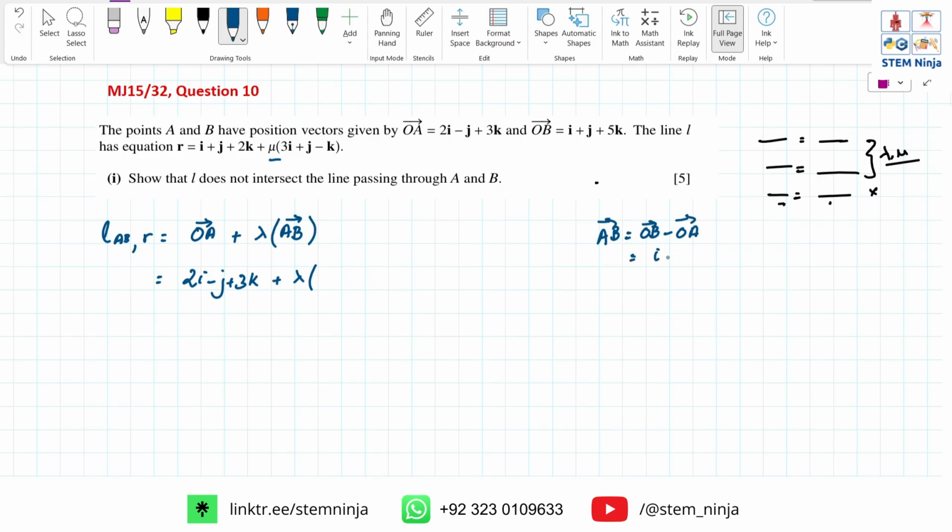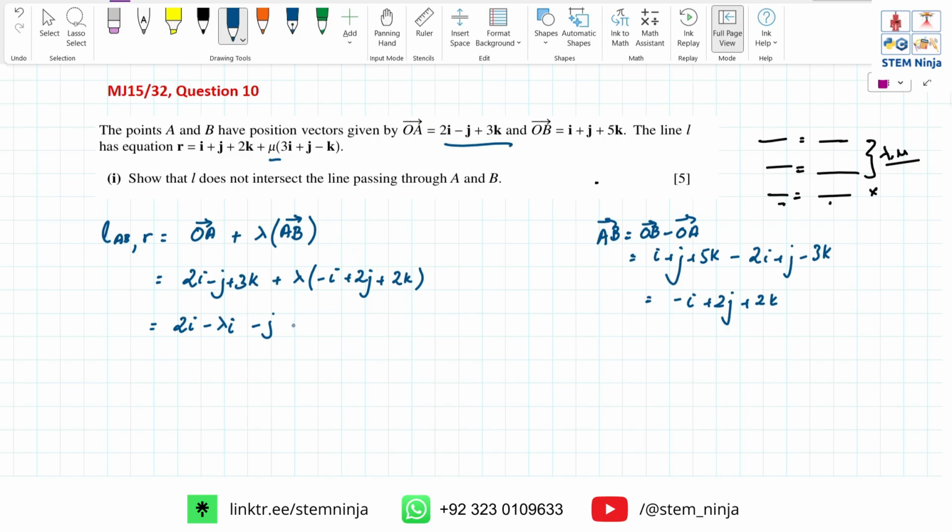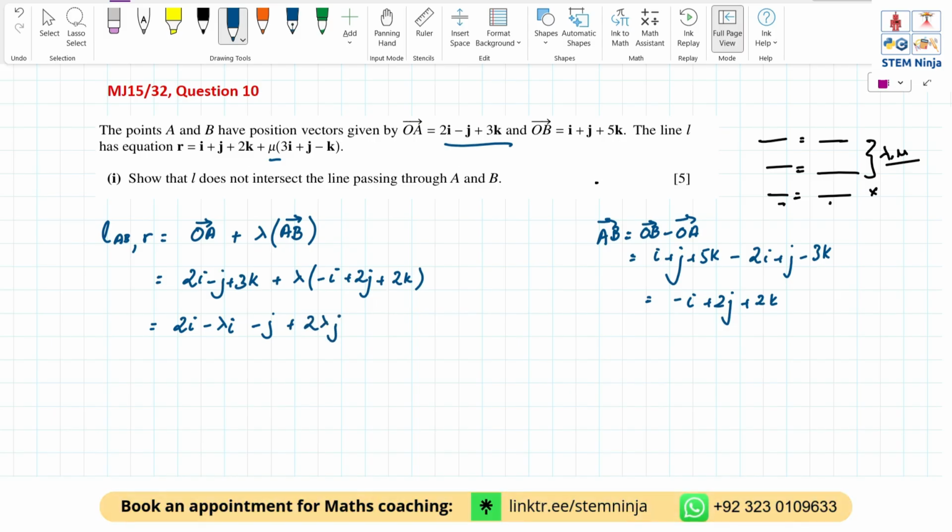So OB is i plus j plus 5k minus (2i plus j minus 3k). So as you notice, the signs are changed because of the negative sign. So minus i plus 2j plus 2k. So 2i minus lambda i minus j plus 2 lambda j plus 3k plus 2 lambda k.